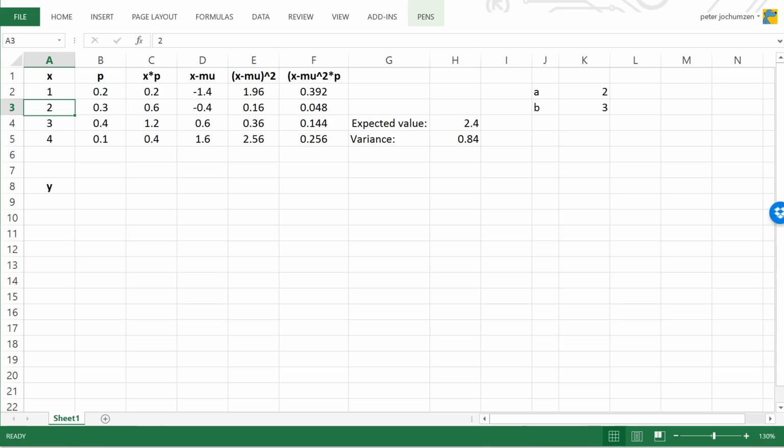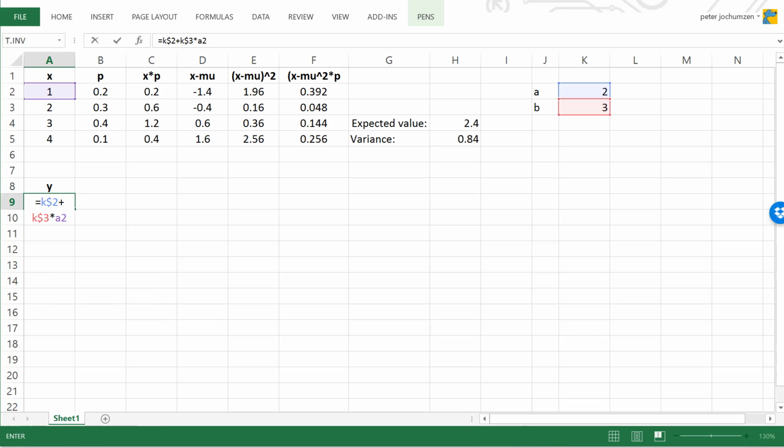and y is just going to be this linear function of x. So whenever x takes the value 1, y will take the value a plus b times 1. So just transform each possible value. So when x is 1, y is the intercept, which is $2, plus the slope, which is $3, times the x value, which is 1.